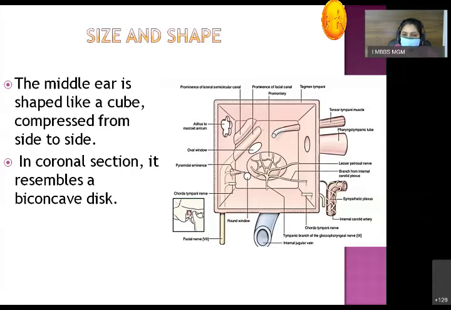What is the posterior communication? Posteriorly, it communicates with the mastoid antrum. Here you can see in this figure the mastoid process. So posteriorly, through this auditus, it communicates with the mastoid process.